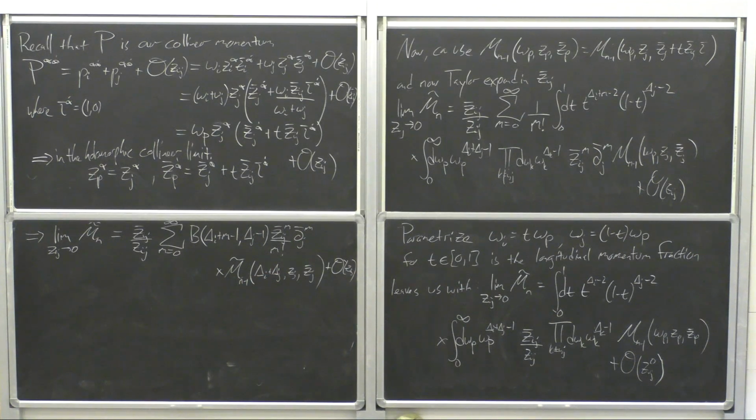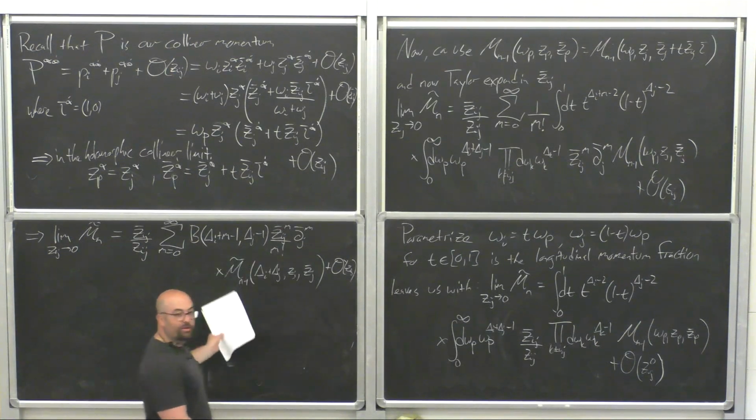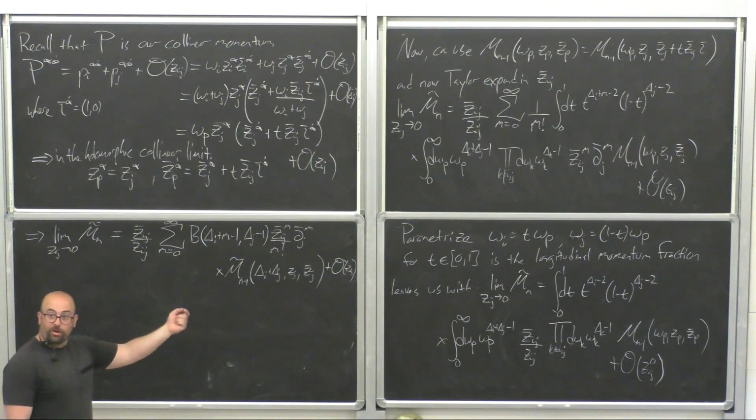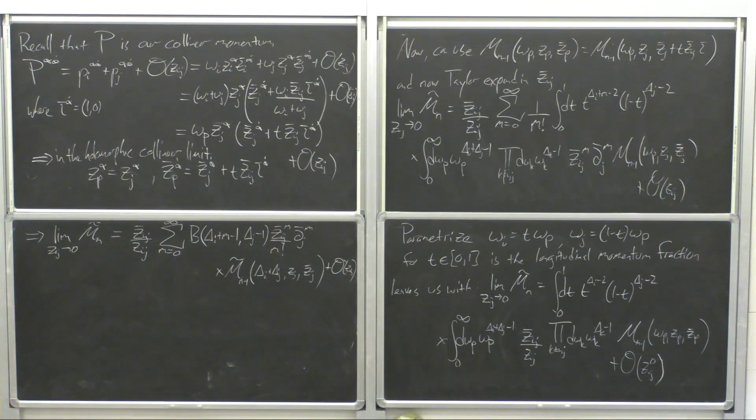But here, we made no assumptions whatsoever about what the other stuff going on in this amplitude was. We just assumed that the two collinear particles were positive helicity gravitons, so this allows us to read off a celestial OPE coefficient.